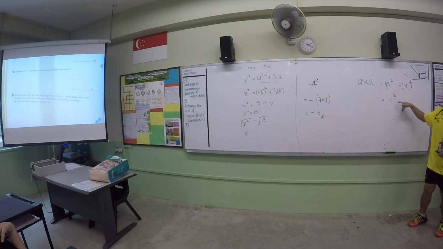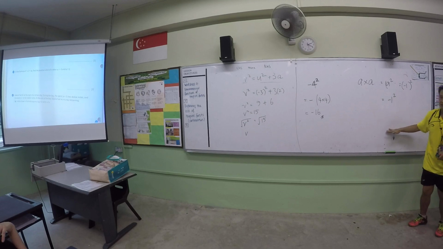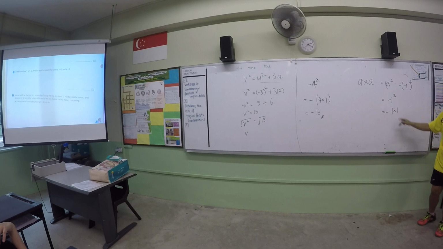I am still taking negative 1 squared. But when you write this down, everyone who knows mathematics, including the calculator, will think that what you are writing is actually the negative of 1 times 1.